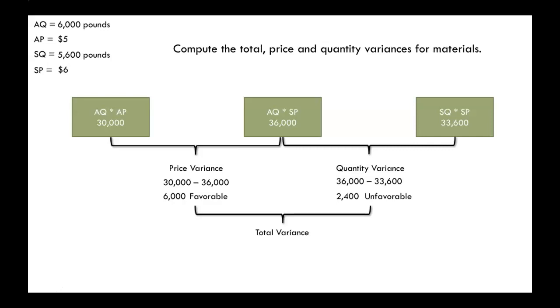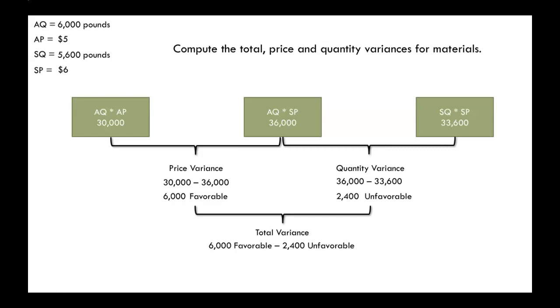Now we can use our price and our quantity variance to find our total variance. Our price variance was 6,000 favorable. Our quantity variance was 2,400 unfavorable. Since one is favorable and one is unfavorable, we subtract them. If they were both favorable or both unfavorable, we would add them together.